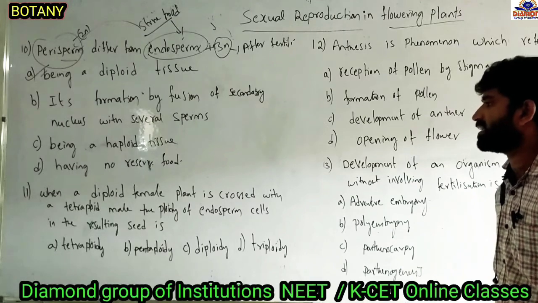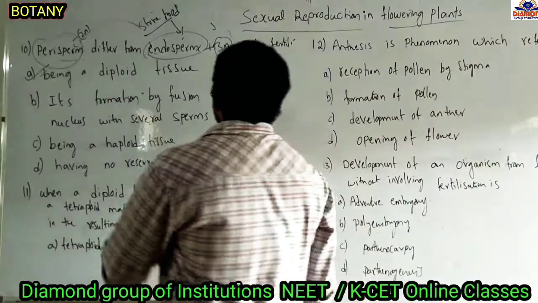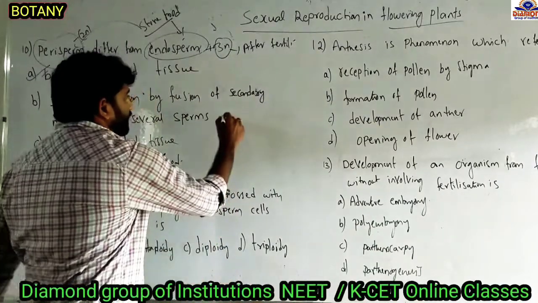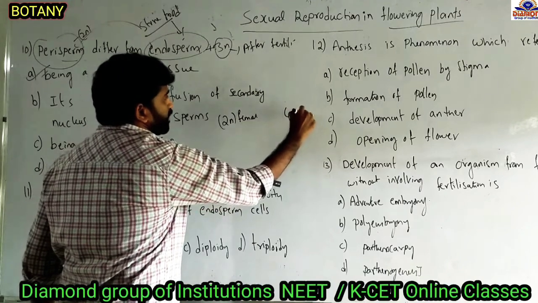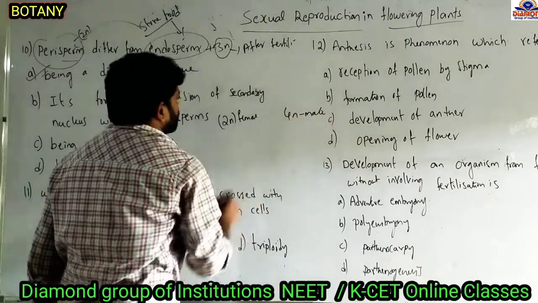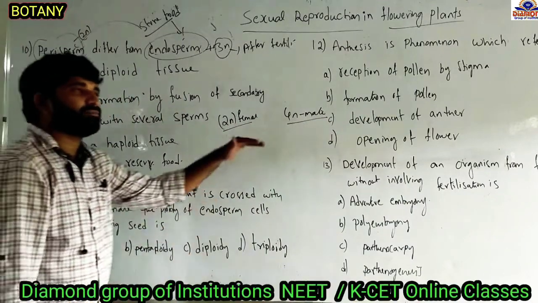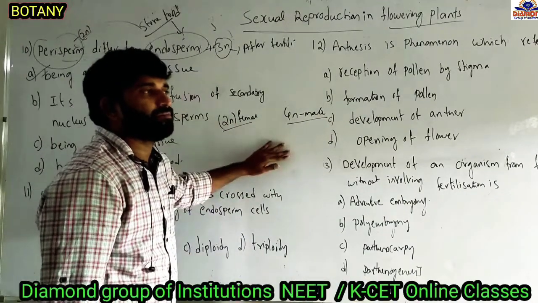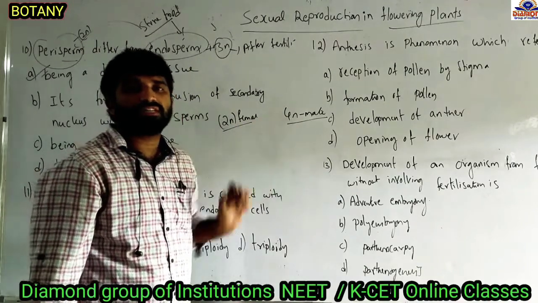The next question: when a diploid female plant is crossed with a tetraploid male, the ploidy of endosperm cell in the resulting seed is? So here they are asking about a diploid female plant and a tetraploid male plant. Both are involved in pollination. At the time of pollination, the male and female reproductive parts undergo meiotic division.